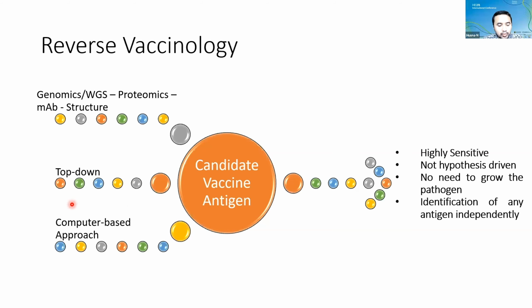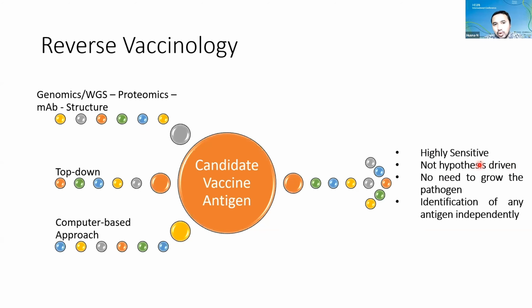And then we use a computer-based approach, so we can find candidate vaccine antigens, which can be highly sensitive. And of course, this is not hypothesis driven.